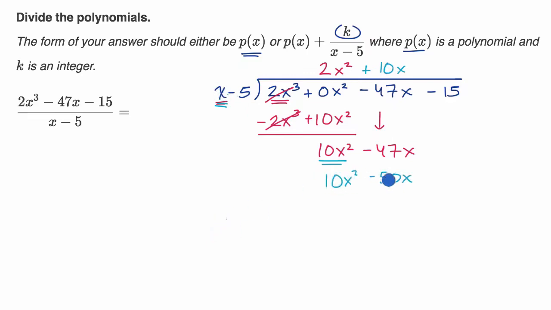And once again, we want to subtract what we have in teal from what we have in red. So we can multiply both of these times negative 1. That becomes a negative. This one becomes a positive. Now, negative 47x plus 50x is positive 3x. And then 10x squared minus 10x squared gets canceled out. Bring down that 15. Come on down.